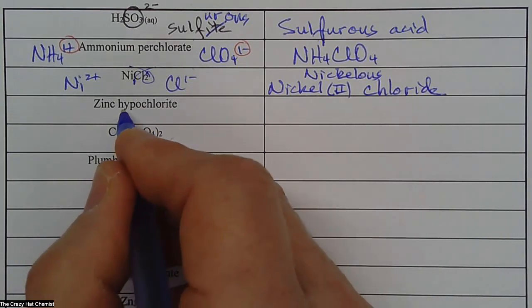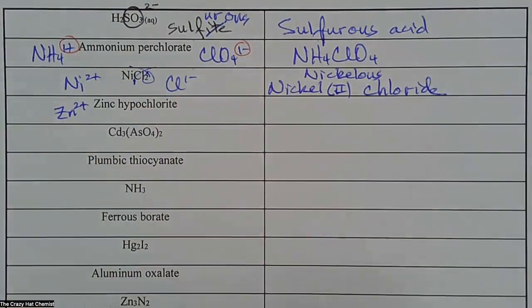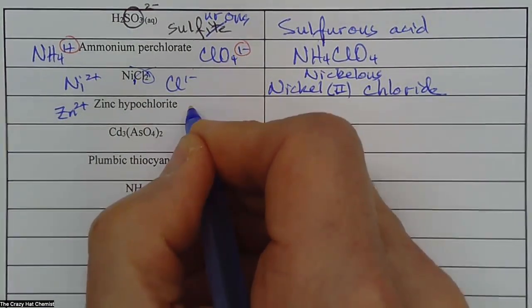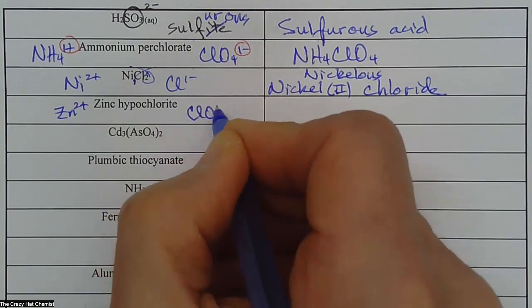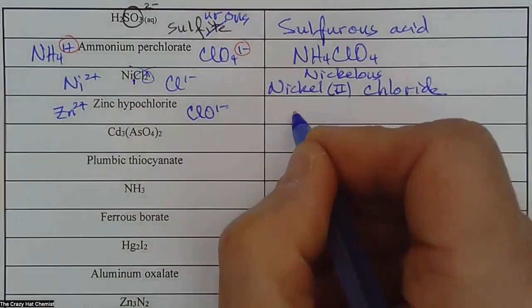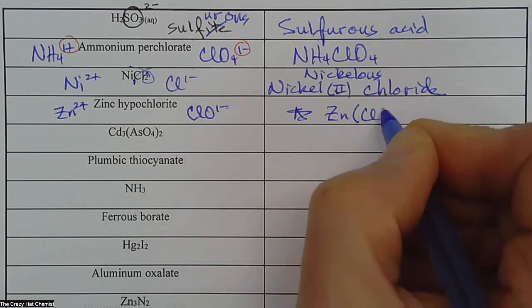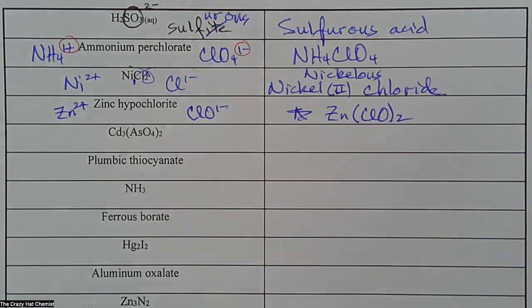The next one is zinc hypochlorite. So zinc is a periodic trend charge, 2 plus. Hypochlorite is ClO 1 minus. So take the absolute value, flip it down, and I get zinc, ClO, parentheses, and a 2. So zinc hypochlorite.